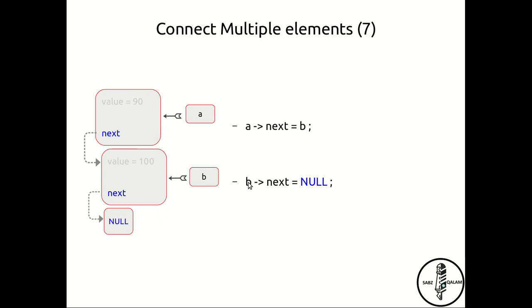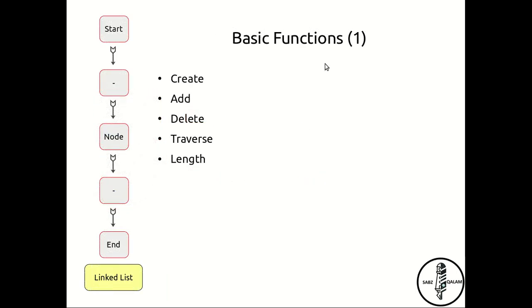Now you can extend it easily by saying that B's next now points to C and C's next points to D and D's next points to E and E's next, let's say, points to null. That way you can easily extend a linked list to have as many number of elements as you want, and you can easily delete, and we would see how we do that in the coming lectures. Now, these are the basic functions of a linked list.